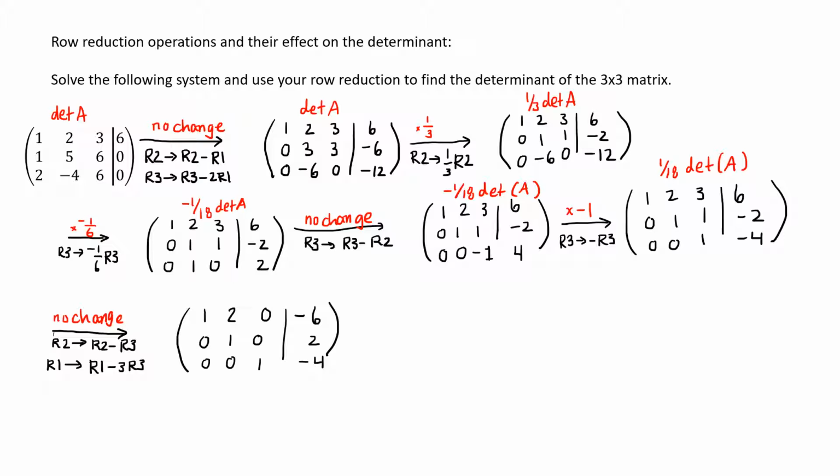Last but not least, we're going to subtract 2 copies of row 2 from row 1. Again, this is not going to change our determinant. It's still 1/18 determinant of A.